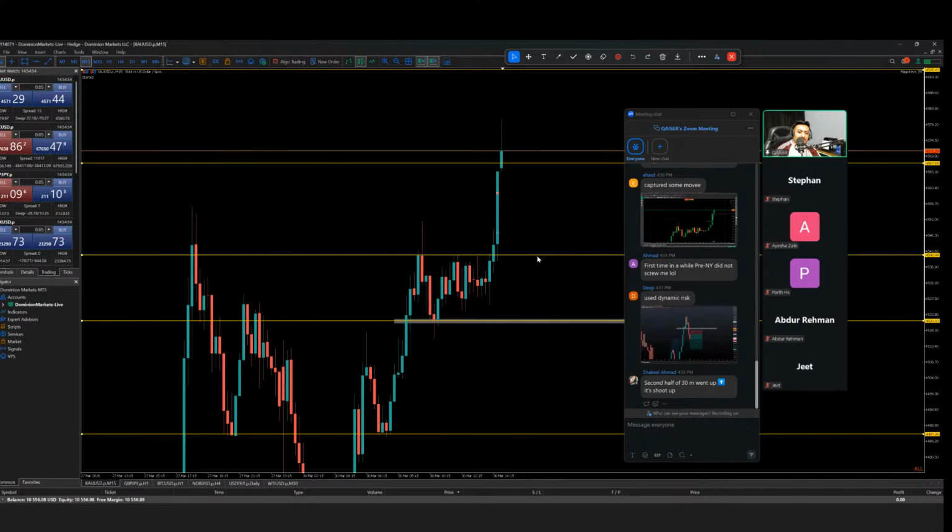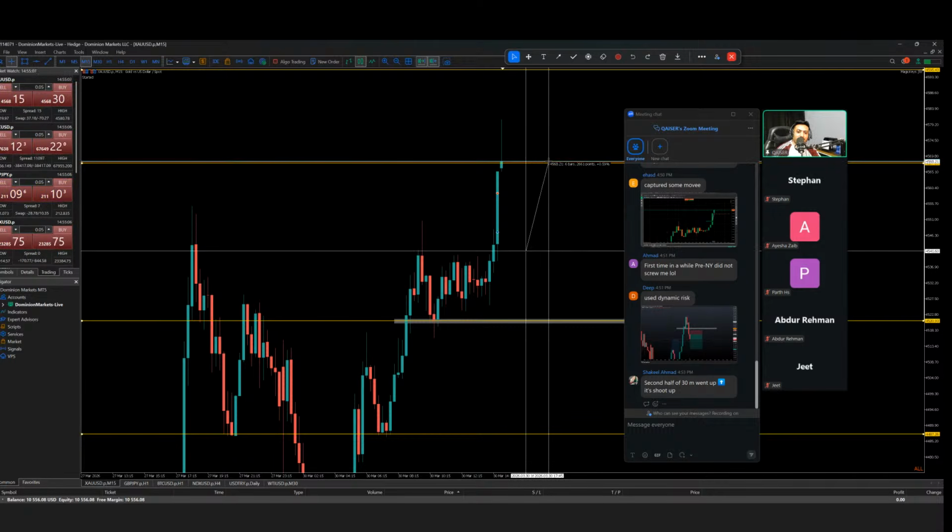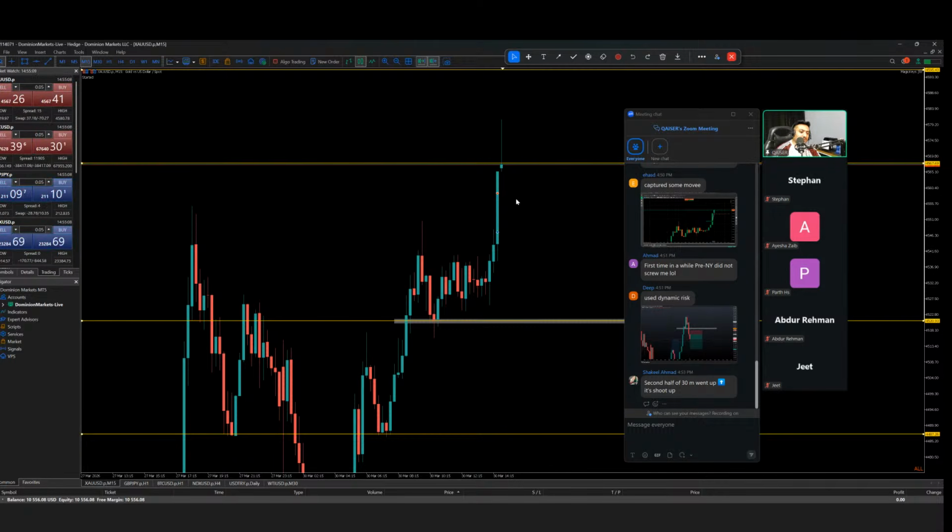Right now I'm going to remove this zone here. This zone has just ended now. For the new structure, I would like to see a candle come down, create some support, and give me a confirmation candle. So it's going to retest the high, or if we create some kind of counter trade structure, that also makes sense.